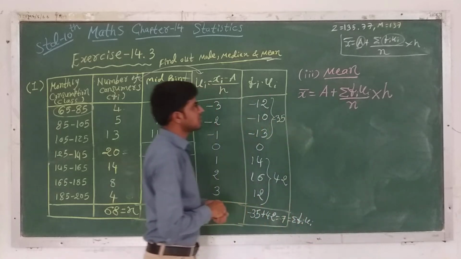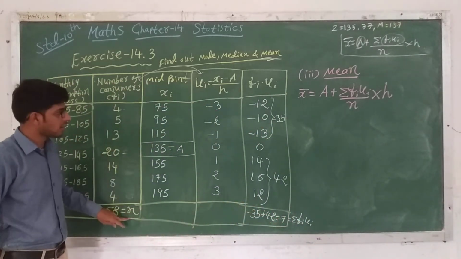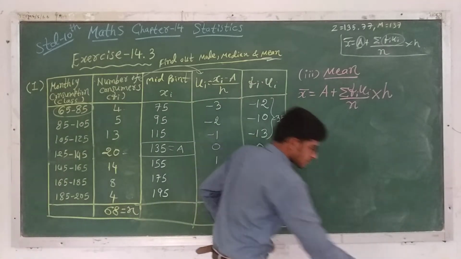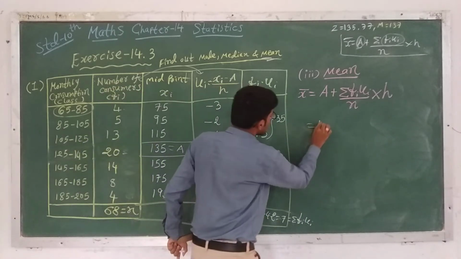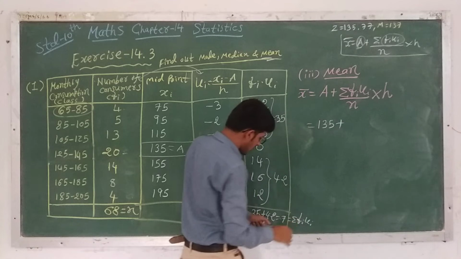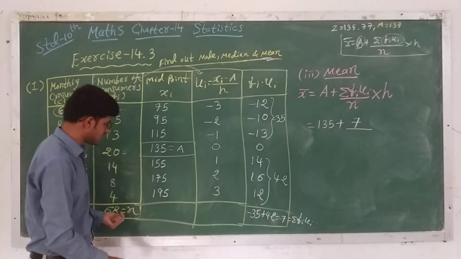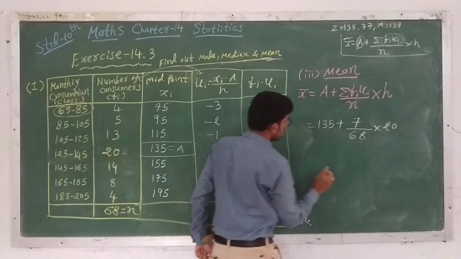Now we have to put in the values of A, sigma FI/UI, n and h. A is equal to 135. So 135 plus sigma FI/UI, which is 7, divided by n. The value of n is 68, multiplied by 20.